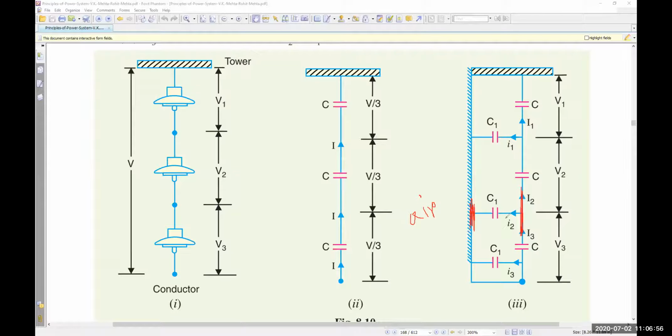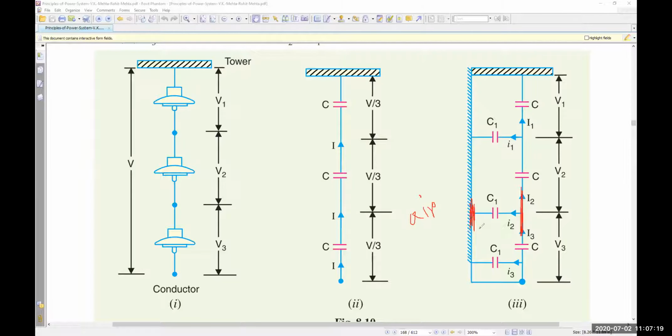Listen. So these are your actual, physical capacitors. Now, you have a tower beside, because the conductors are actually hanging, on the right side or the left side.